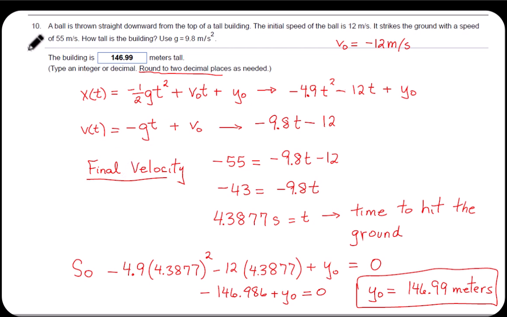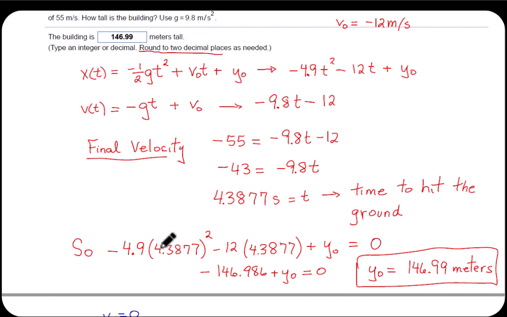Well, they said it was hitting the ground at 55, but wait. Remember, we've recorded down as negative. So that's a minus 55. And so if I solve for the time when it actually hits the ground, it's at 4.38 seconds.